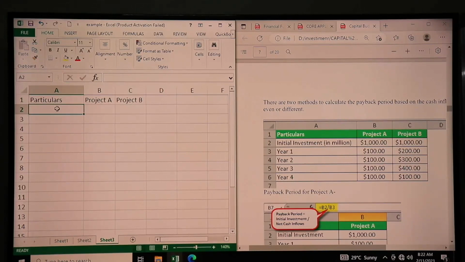And the years you are given here, first year 1. Just type this data as I type it. When you type year 1, you can generate the rest down here by scrolling down, to get year 1 up to year 4.